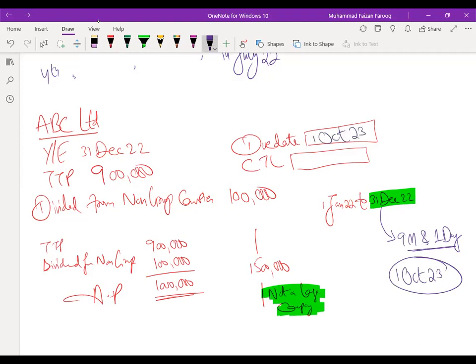23. And corporation tax liability will be, corporation tax is 19% of TTP, right? Not AP. So we have TTP. We just apply 19% and we got how much?